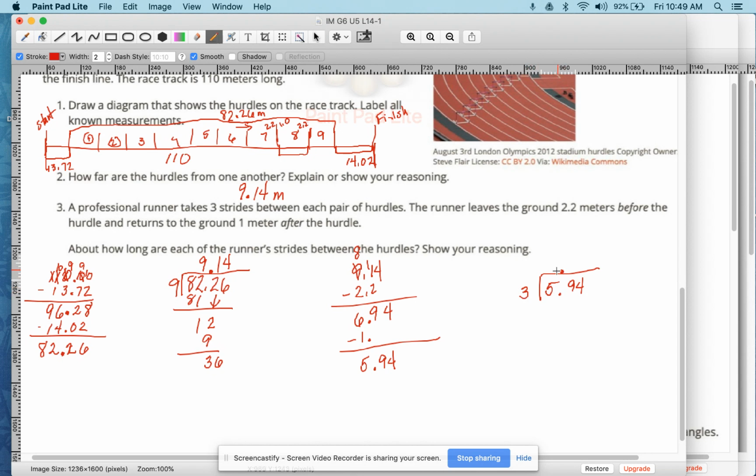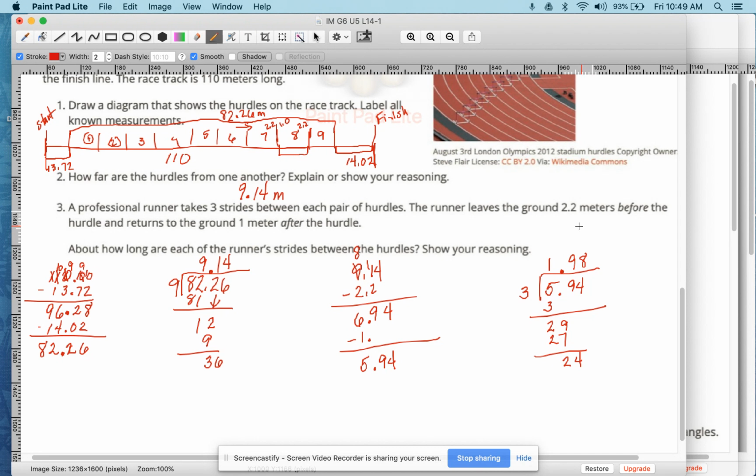Here is my decimal. 3 goes into 5 one time, and that's 3. I subtract and get 2, bring down my 9. 3 goes into 29 9 times, and that's 27. I subtract and get 2, bring down my 4. 3 goes into 24 8 times.